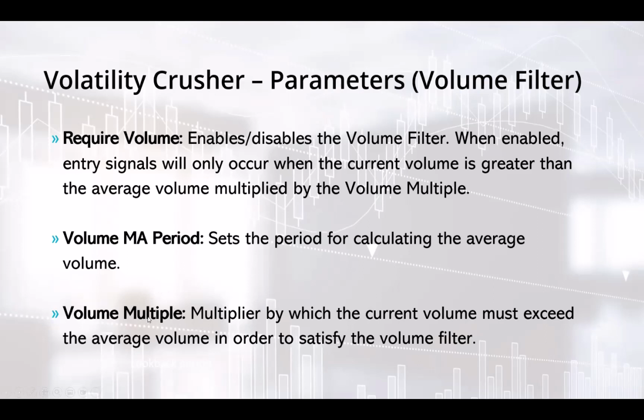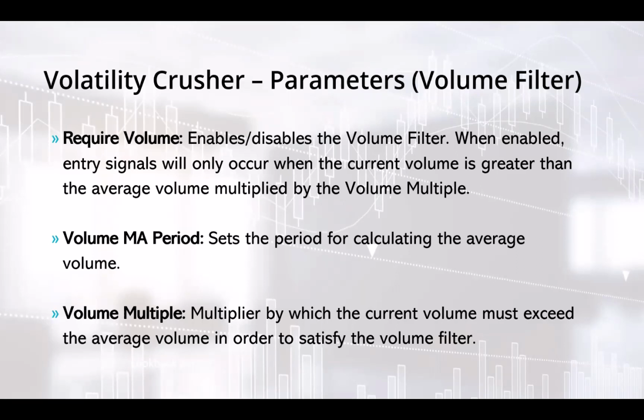Basically, this means that the current volume at the breakout bar needs to be at least 1.5 times higher than the average volume, which in this case would have been the case. 1 million is greater than 1.5 times 500,000. If this volume parameter was set to, let's say, 2.5, then this would not satisfy the requirement, because 1 million is not 2.5 times bigger than 500,000.